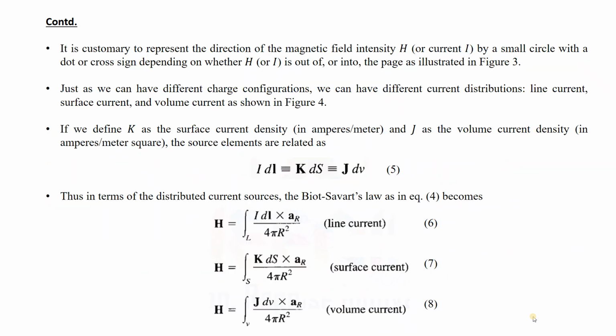carrying conductor, because in magnetic field we don't use any pole. In electric field, when we come across any law of electric field intensity, or Gauss law, Coulomb's law, we generally consider a point charge.